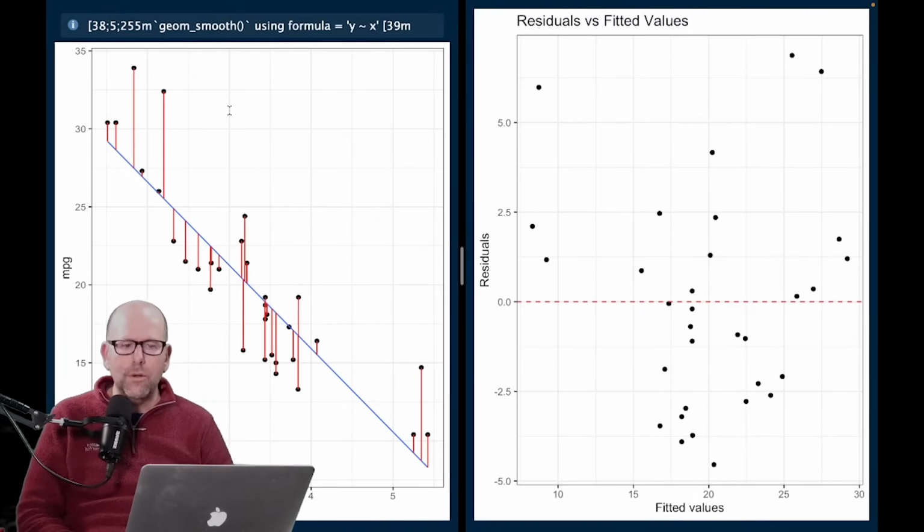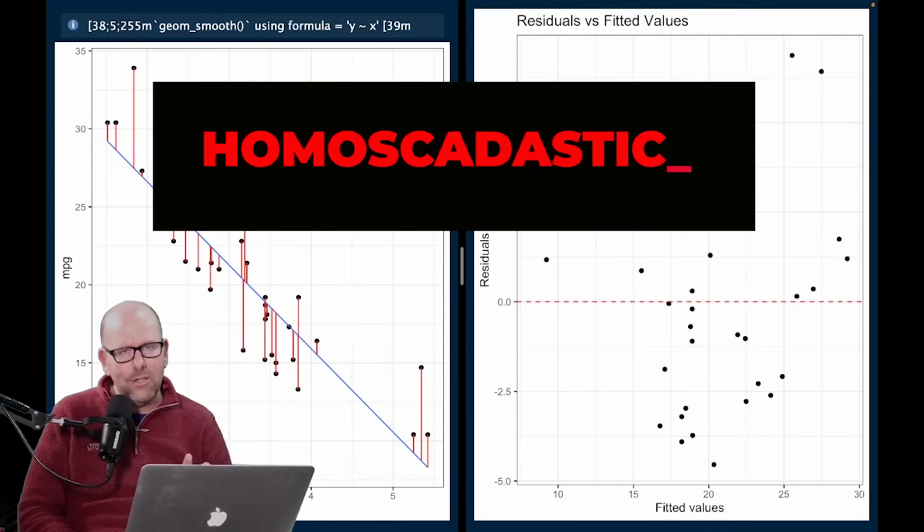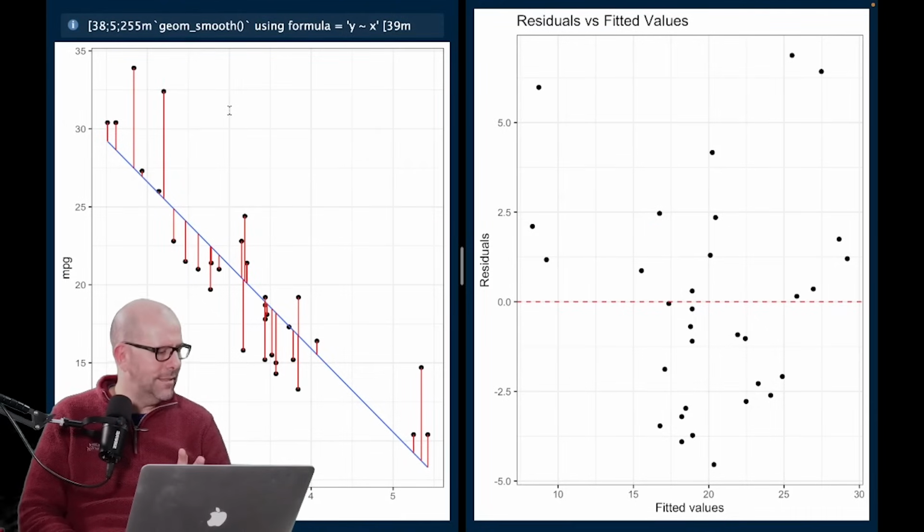Right. Now let's talk about the residuals. The residuals are these red lines, and we make three assumptions about them. The first is that they're normally distributed. We're going to come back to that. The second is that they are homoscedastic. I always get that wrong. Such a weird word, and we talk about homoscedasticity.